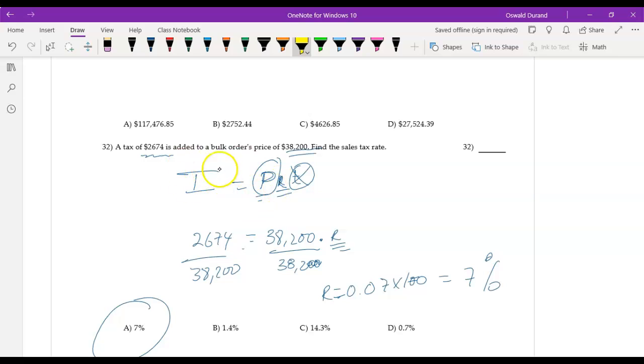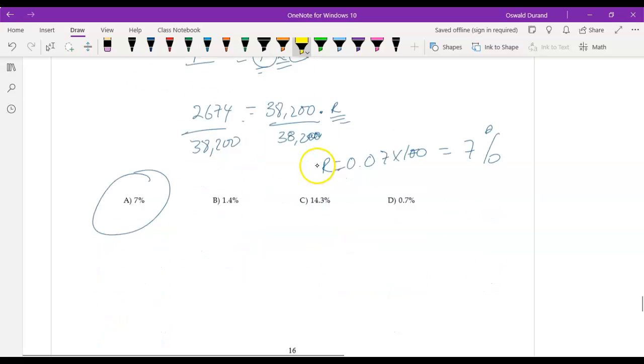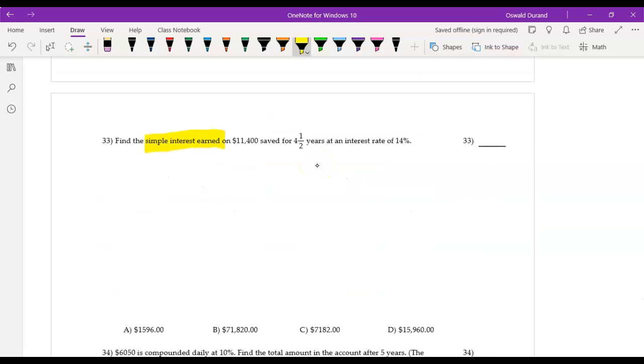It's the same concept: the principal times the rate, or the tax rate, would be equal to the tax. But simple interest is usually over time, so it's going to be the same formula.